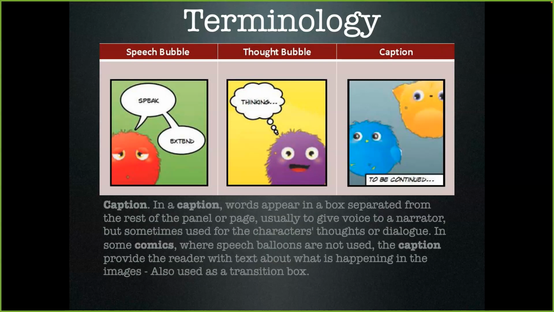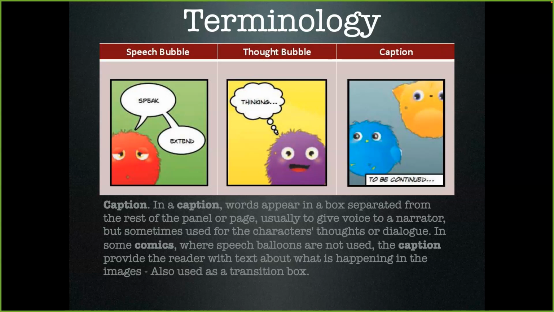A caption, or I like to call it a transition box, is a really good way to move things in time. Say, for example, you're driving out to California and you've got this 1,000-mile drive. You're not going to go every single page with 7 different panels and say, okay, we stopped here and we stopped at this wayside.